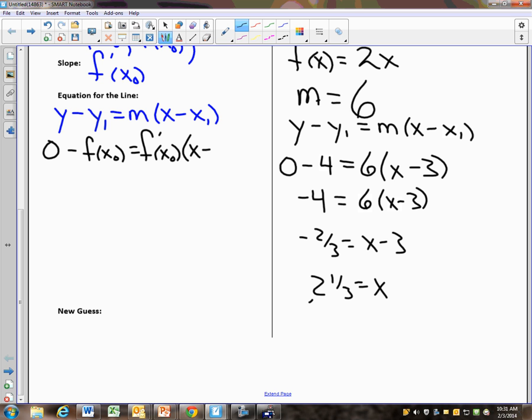What's the point on the line? X sub 0. So I'm going to do some tricky math again. Okay. All right. If I simply, so the 0 just goes away, I'm left with a negative f of x sub 0. I'm going to divide both sides by f prime.